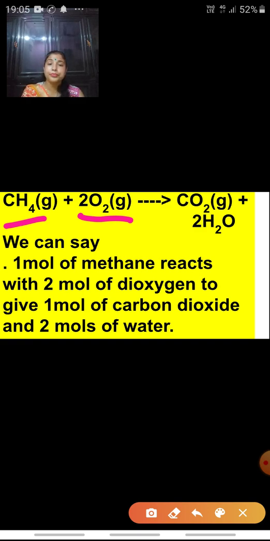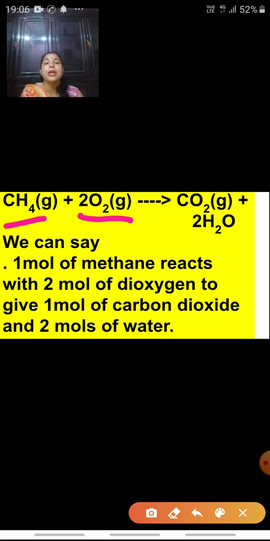Now we can also say that in the given chemical equation, 1 mole of methane reacts with 2 moles of dioxygen to give 1 mole of carbon dioxide and 2 moles of water.